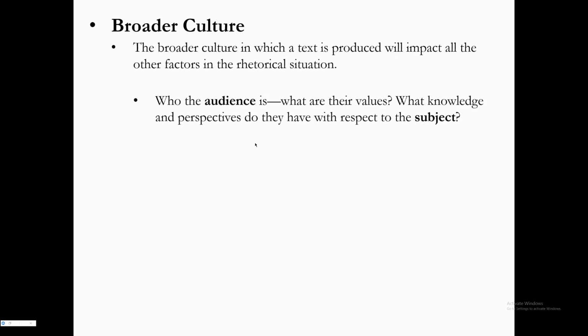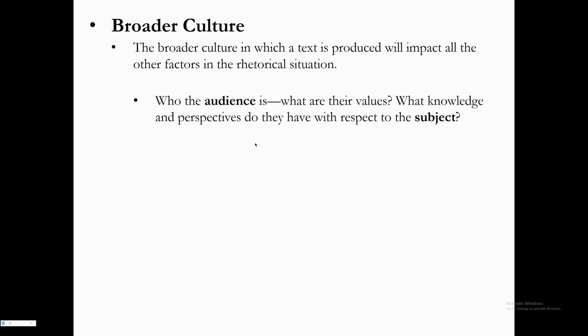So broader culture can impact your audience, right? Generally, in a specific place or in a specific culture, maybe not so much in the United States because we are a particularly diverse place, but in other places in the world, there might be some consistency in the cultural norms and values of the audience, which may or may not be different from the cultural values and norms of the person engaging in the rhetorical act.